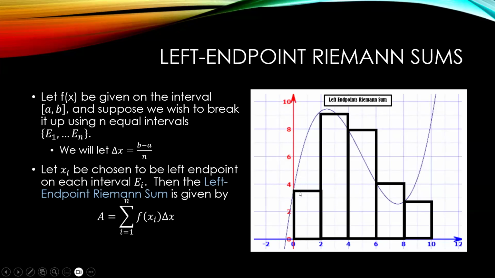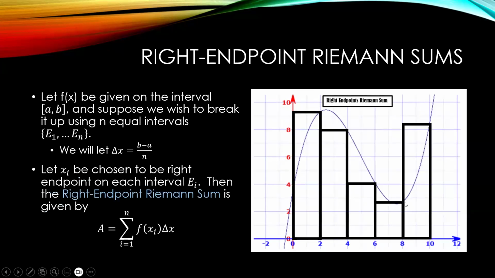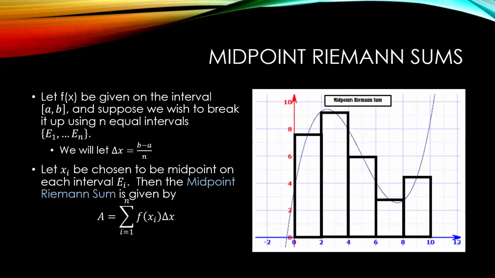In that case, we're just choosing the left endpoint to determine the heights of these rectangles. We can use the right endpoints to determine the heights of these rectangles. We can use the midpoints to determine the heights of these rectangles.